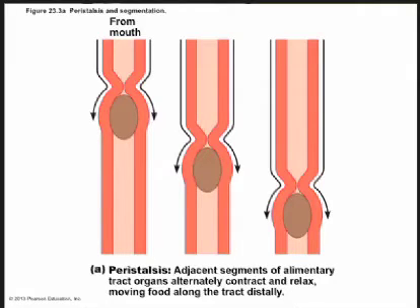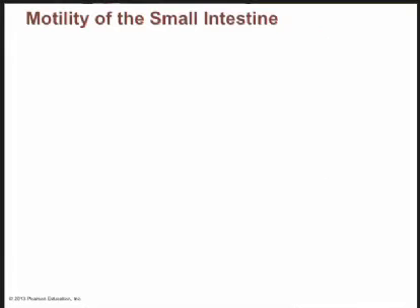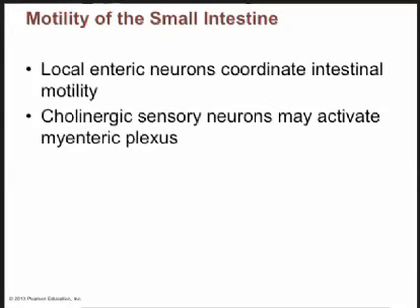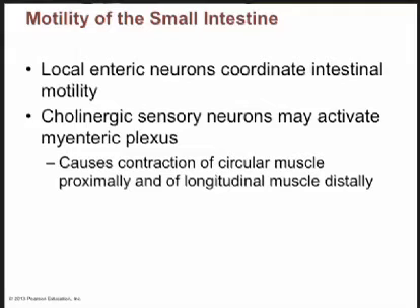What they do is they alternate in their contractile force, and that's what helps to propel the food down the pipe. Local enteric neurons also coordinate intestinal motility. The cholinergic sensory neurons activate the myenteric plexus. This causes contraction of circular muscle proximally and longitudinal muscle distally, as we just discussed, and it forces the chyme to move along the tract.